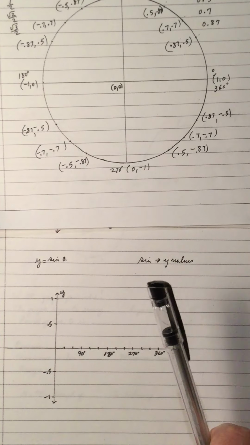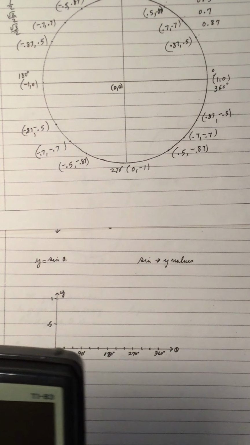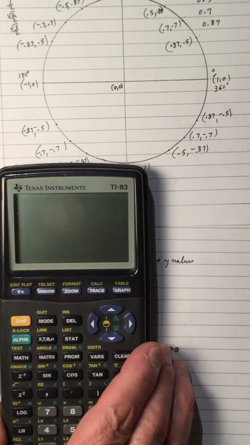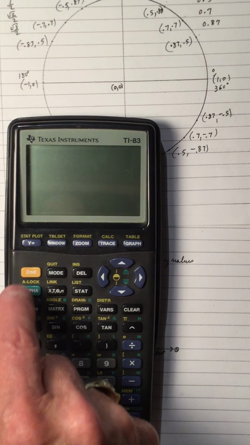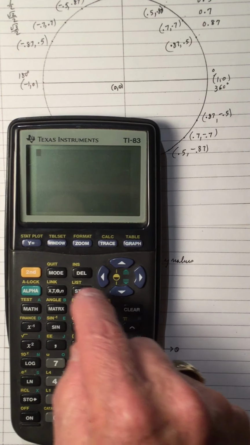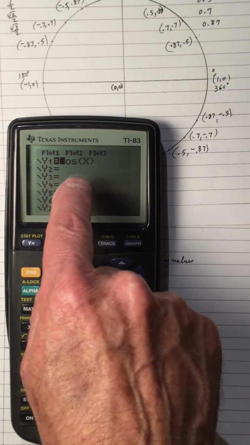And what I want to show you before I forget it, what about if we look at a calculator? So I have a graphing calculator here. So I'm going to turn my graphing calculator on, clear that, and in my graphing calculator I have cos x.